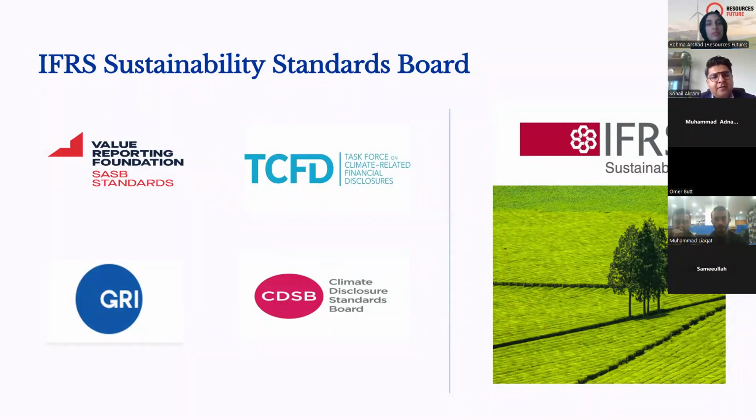If we look at the slide, we will see that there are different organizations or standards that are mentioned. Before ISSB, there were many different organizations with different frameworks, like the SASB, or Sustainability Accounting Standards Board, developed by the Value Reporting Foundation. TCFD was developed by a task force that was set up by the Financial Stability Board.